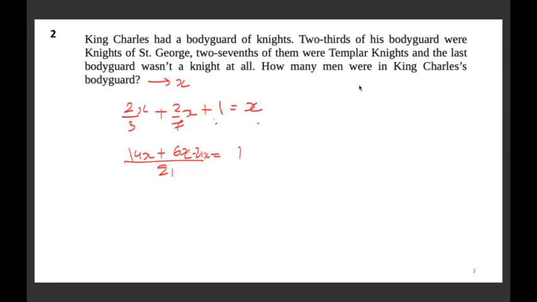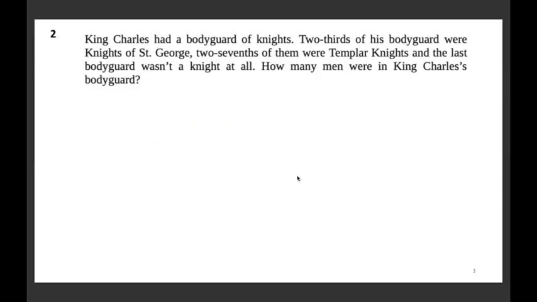Okay. So when you solve this, it will be -x/21 is -1. So the value of x will be 21. So there were a total of 21 men. Okay. Move to the next one.